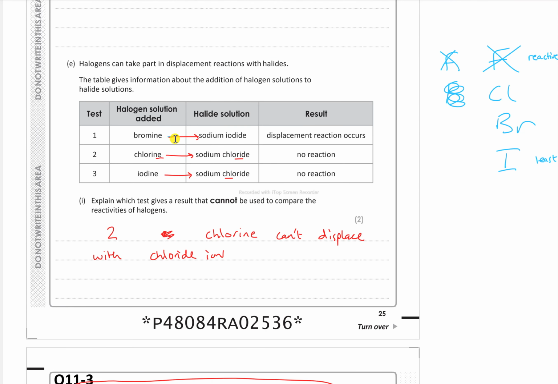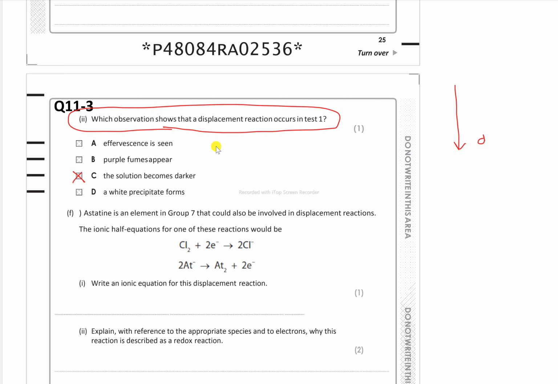When iodine is displaced into the solution, it will become darker, because as you go down the group the colors get darker. So it was bromine water, and now it's iodine water, so we expect it to be darker. Look, there's no effervescence, nothing purple, no white precipitate.